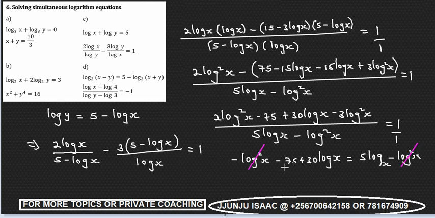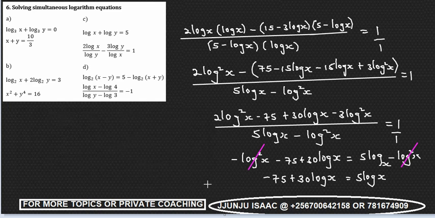So we are left with negative 75 plus 30 log x equal to 5 log x. Alright, so let us move to this side.